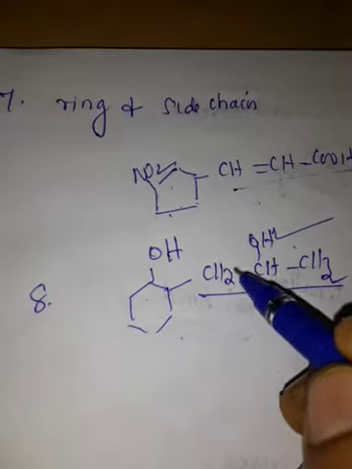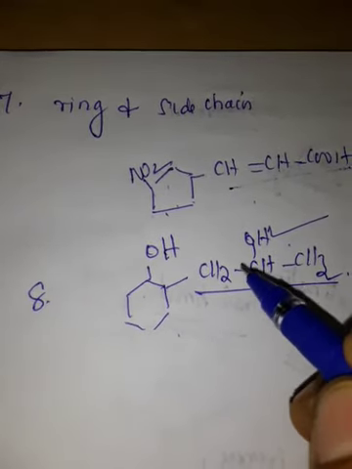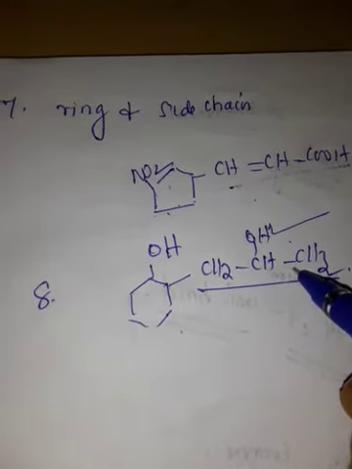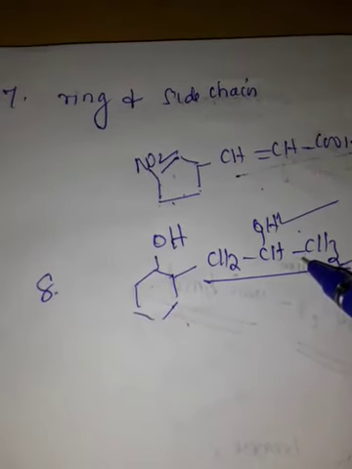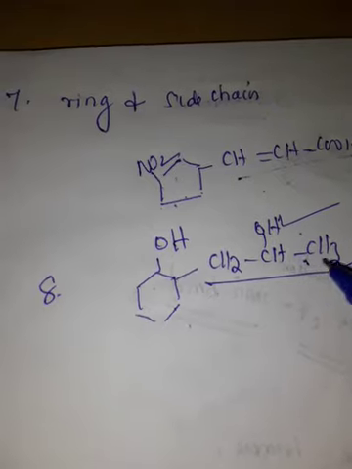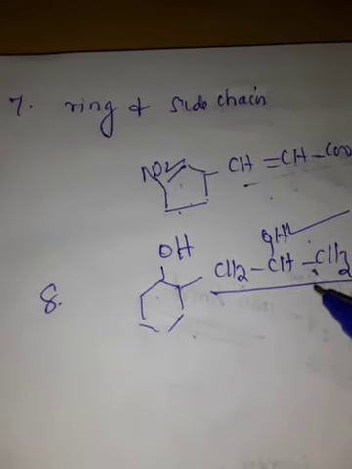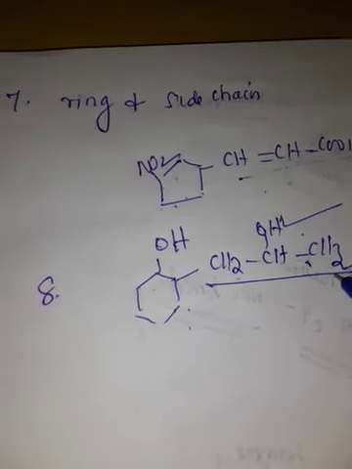If this is the case, the parent hydrocarbon is selected on the basis of the number of carbon atoms in the ring and the side chain. The parent hydrocarbon is decided based upon the number of carbon atoms in the ring and the side chain.